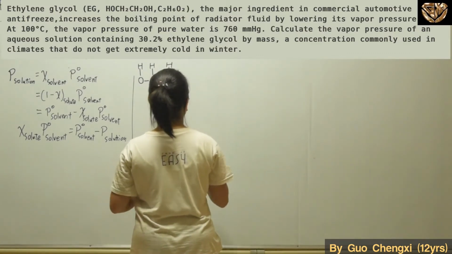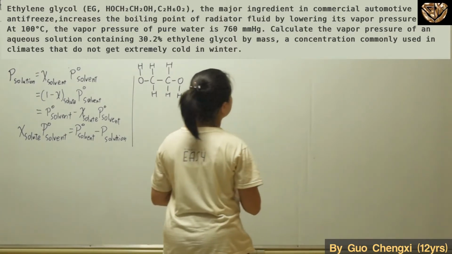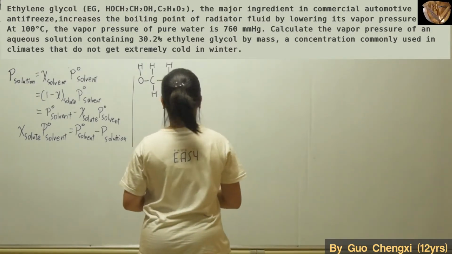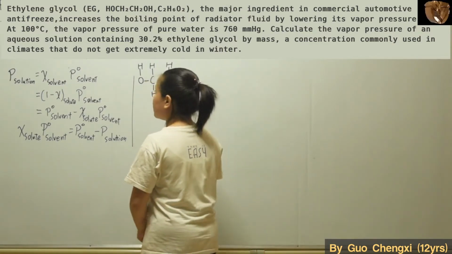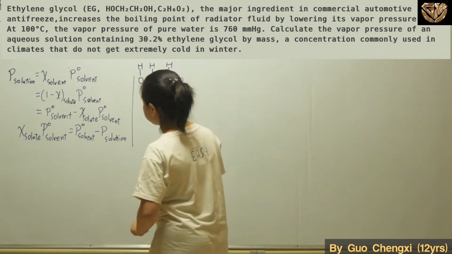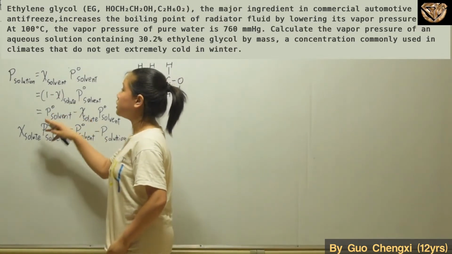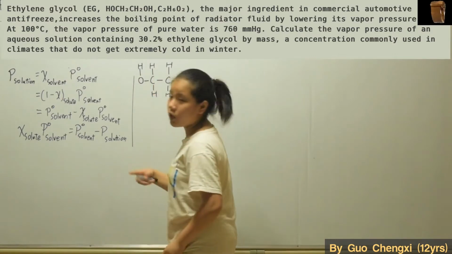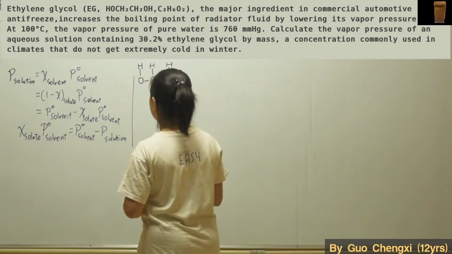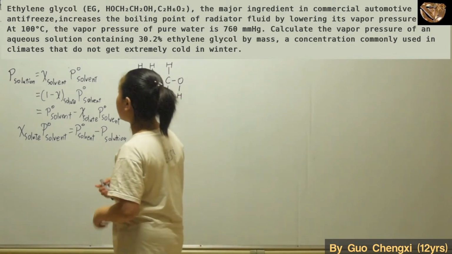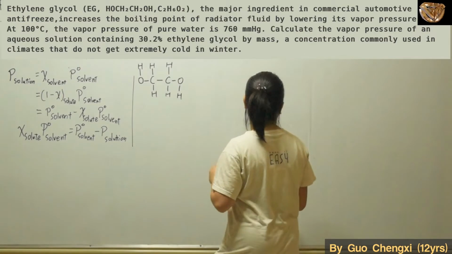So now moving on, we have at 100 degrees the vapor pressure of pure water is 760, and then after that here is mercury. Hg is basically mercury, so you're calculating it in mercury units.